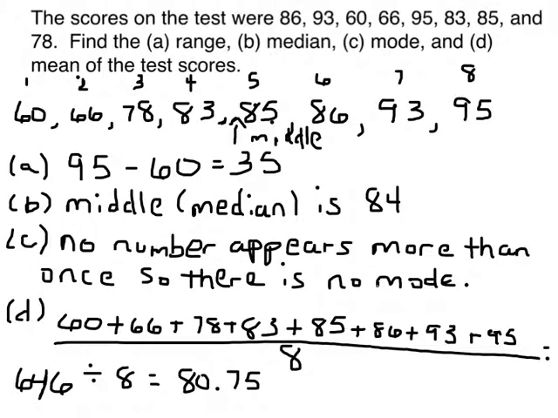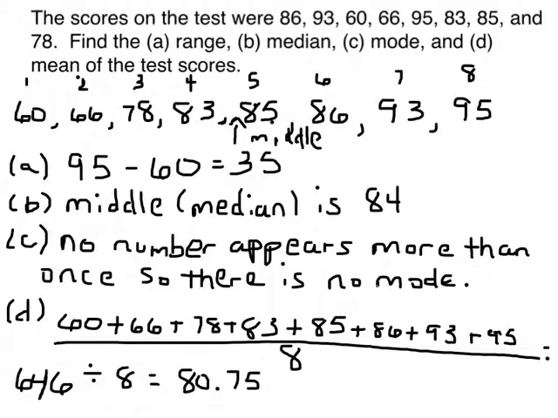All right, so let's do a problem or two together. The scores on the test were 86, 93, 60, 66, 95, 83, 85, and 78. And then it tells us to find the range, median, mode, and mean of these test scores.